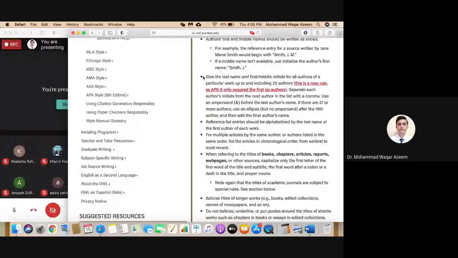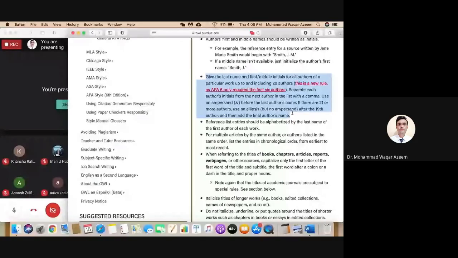Now you don't need to be really concerned about this rule, because it is basically about if you have many authors for one particular resource. So give the last name and first and middle initial for all authors of a particular work up to and including 20 authors.